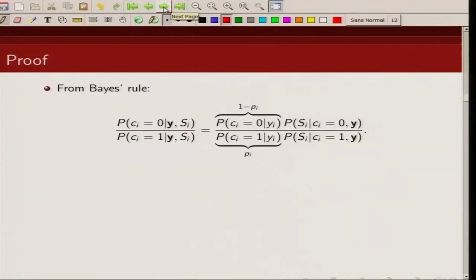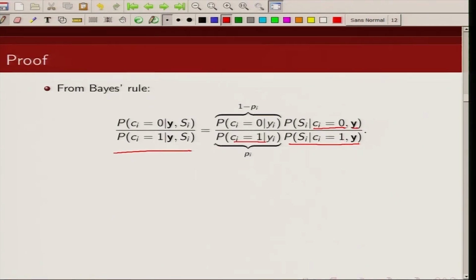So let's see. From Bayes rule we can write this probability as probability of Ci being 0 given Yi multiplied by probability that the parity check constraints are satisfied given Ci is 0 and the received sequence is Y. And similarly, in the denominator we can write probability of Ci being 1 given received sequence Y multiplied by the probability that parity check constraints involving Ci is satisfied when Ci is 1.